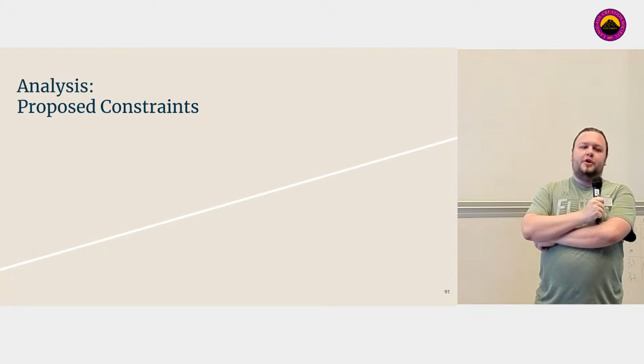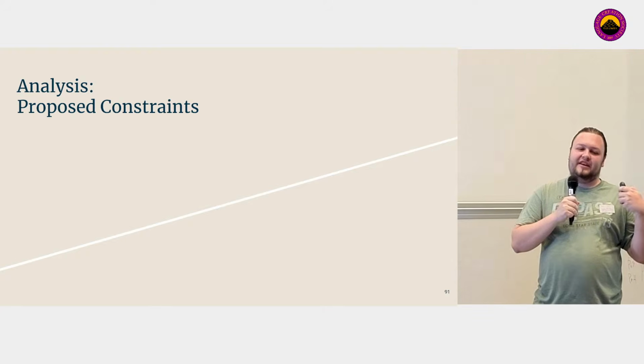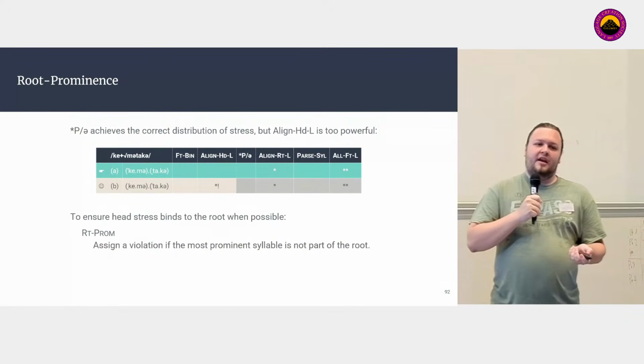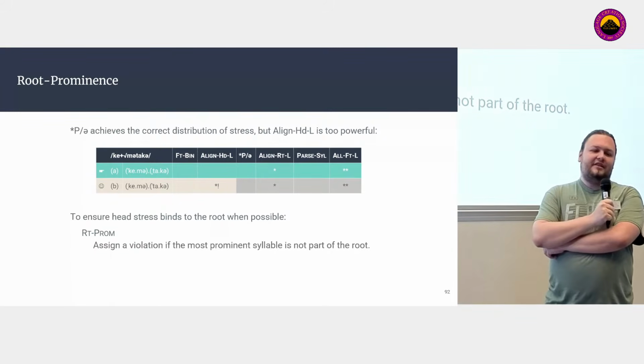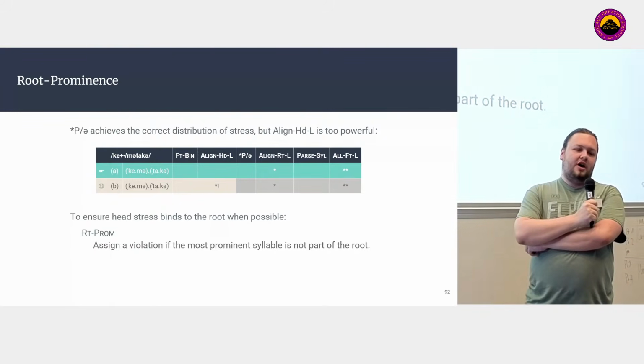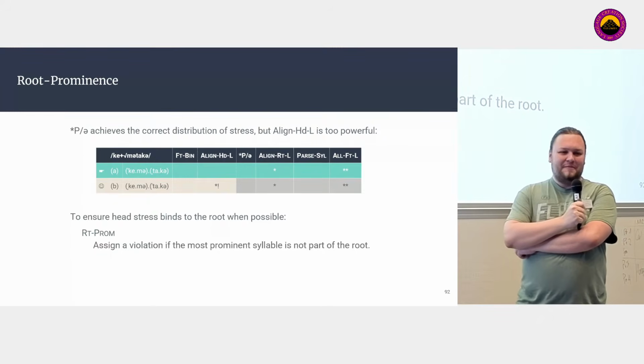Next are the proposed constraints, which is to say constraints that I either have adapted from the literature or I am presenting novelly here. First is root prominence. This ensures that the head stress binds to the root when possible. Sorry, I need to read my own slide a little bit.